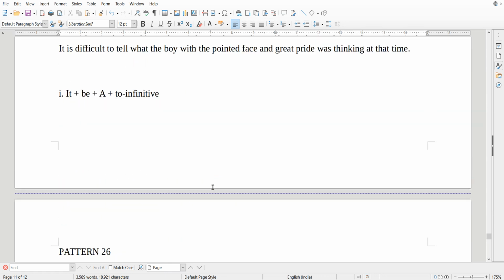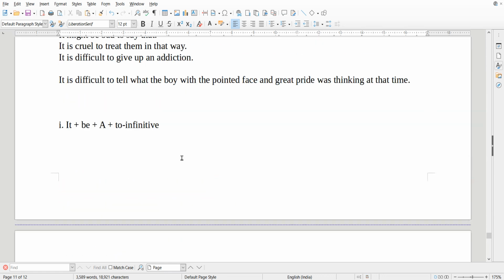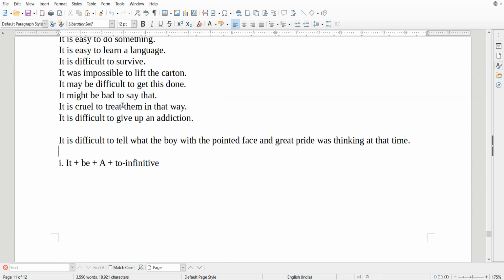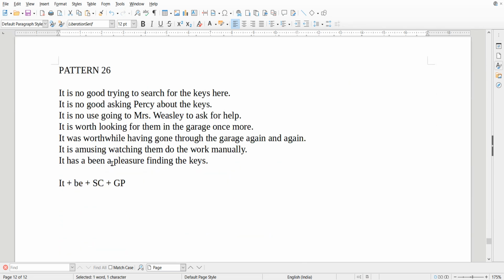Here it's also subject complement. It's better to write subject complement, because only adjectives would be allowed otherwise, and subject complement can be nouns. So better to let it stay as it is. Okay, so it'd be subject complement plus gerundial phrase.